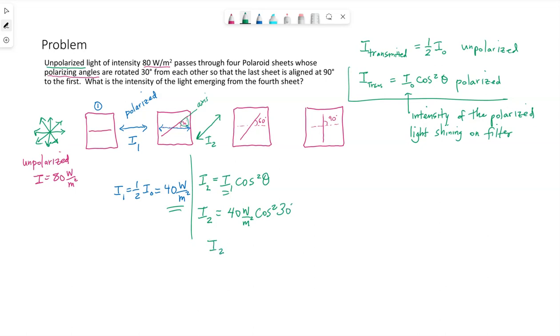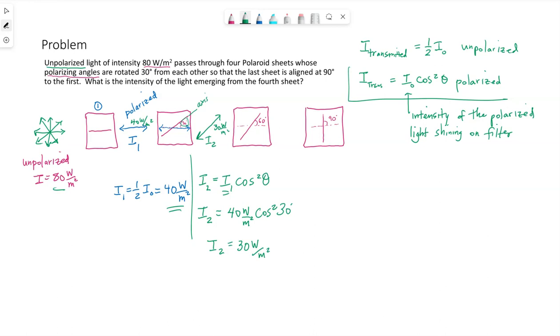So I2, if I plug that in, cosine of 30, square that times 40, gives us 30 watts per meter squared. So we've gone from 80 down to 40, and we're now at 30 watts per meter squared.